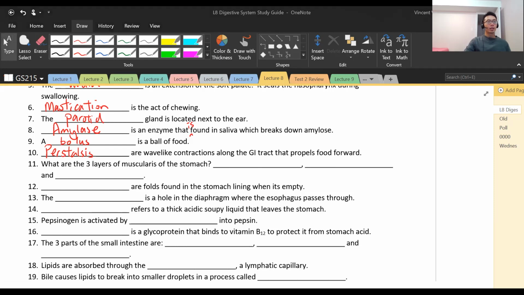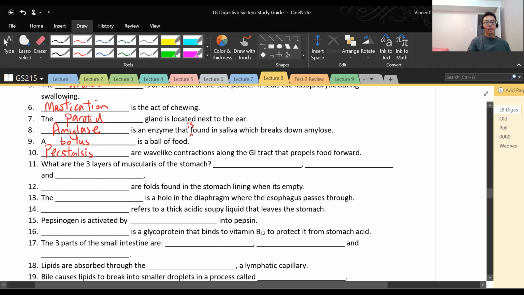A bolus is a ball of food. Peristalsis is wave-like contractions along the GI tract that propel food forward. The three layers of the muscularis in the stomach are the longitudinal, which is the outermost layer, circular, and then the oblique. Okay.